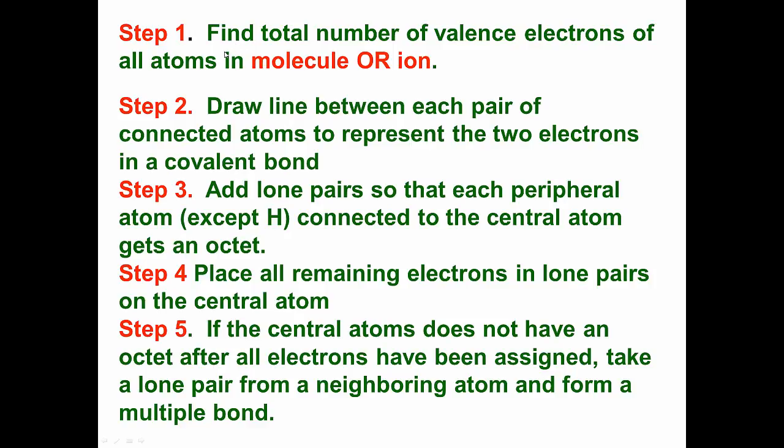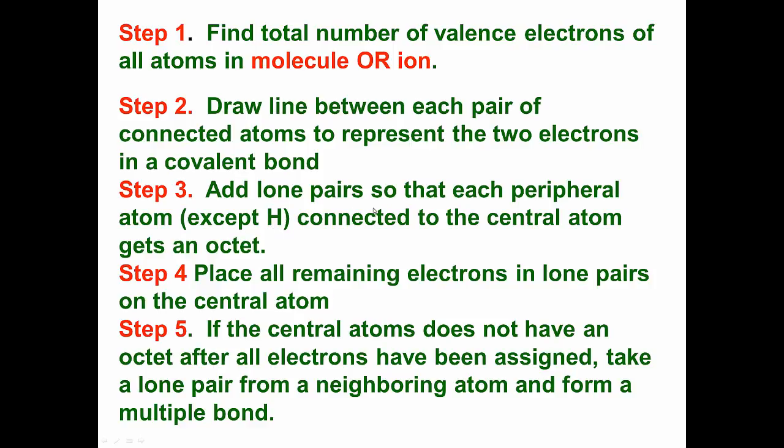So when drawing Lewis structures, first we find the total number of valence electrons of the atoms in the molecule or in a polyatomic ion. We draw a line between each pair of connected atoms to represent the 2 electrons in a covalent bond. We then add lone pairs so that each peripheral atom connected to the central atom gets an octet, except for hydrogen, because it can only have 2 electrons about it.